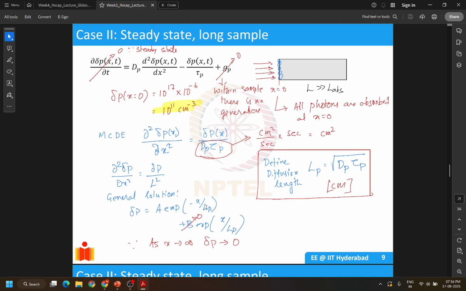Similarly, for delta n, you will get exponential minus x by Ln. This value will be the square root of Dn tau n for delta n and Dp tau p for delta p.